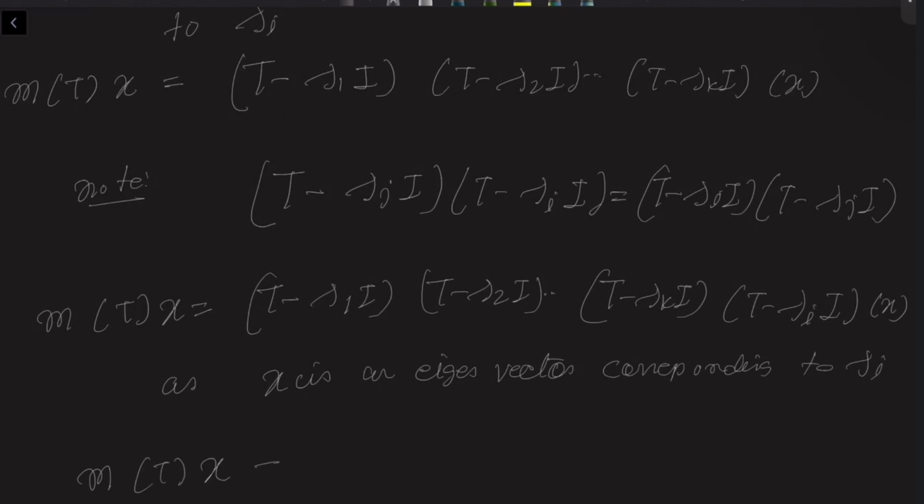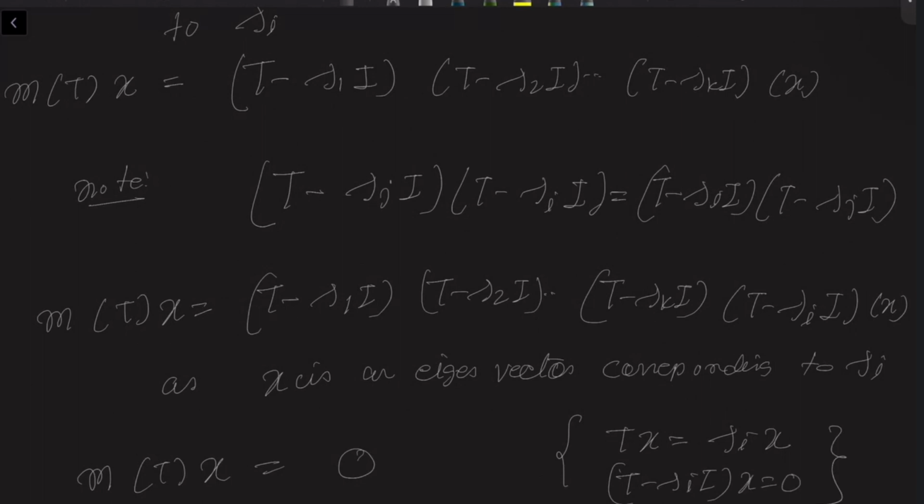So m of t applied to x equals 0. Why is it 0? Because x is an eigenvector corresponding to lambda I, which implies that t x equals lambda I x. So I can write that t minus lambda I times x equals 0.